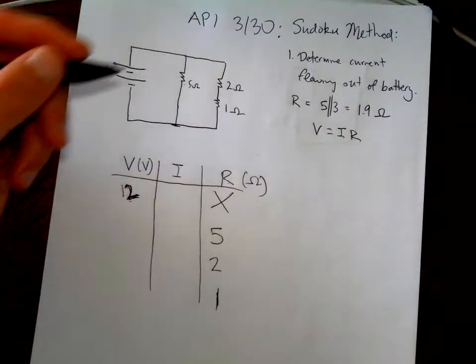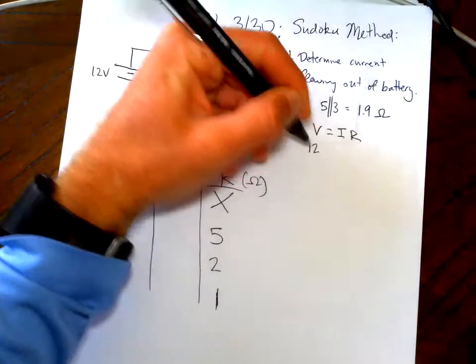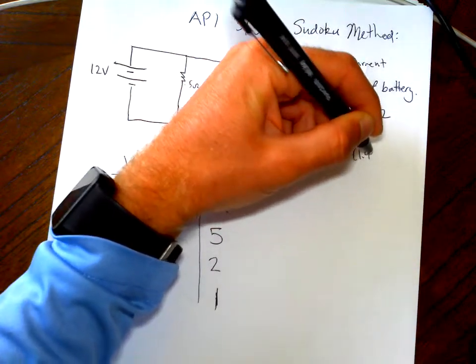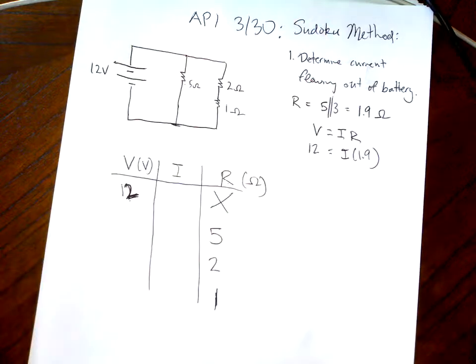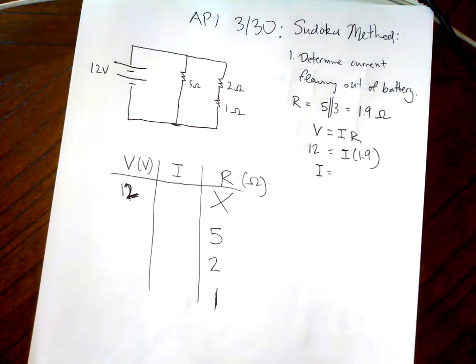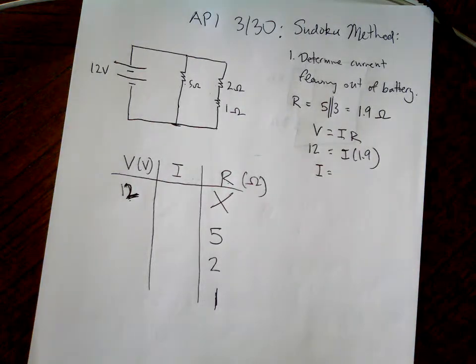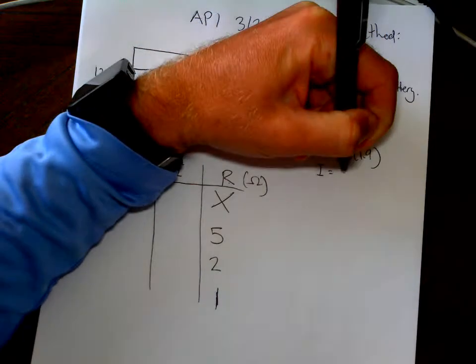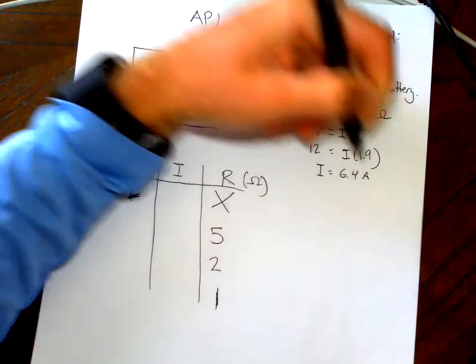So V equals IR. The voltage is a 12-volt battery, and the resistance is 1.9 ohms. So I can get that the current flowing out of the battery is 6.4 amps.